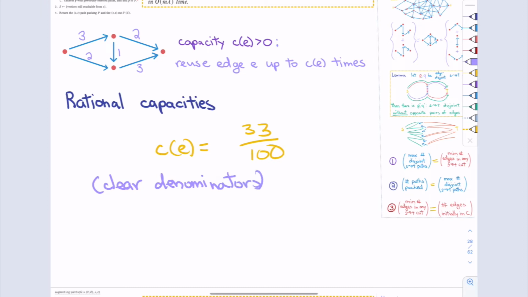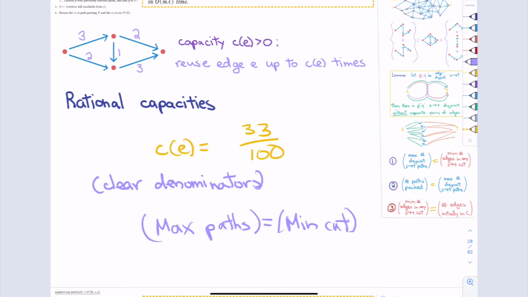I can multiply everything by 100 or something. If I clear denominators and multiply by a big integer, I'm left with integer capacities. In that integer problem, max paths equals the min cut. And when I divide everything down, we still have max paths equals min cut. So just by scaling up and down, we reestablish this very nice thing.